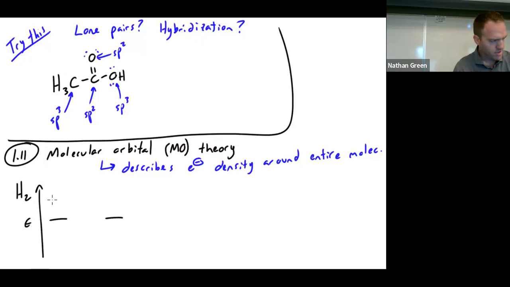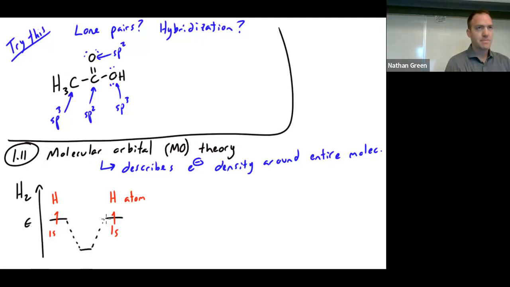One hydrogen with a 1s orbital brings one electron, and another hydrogen with its 1s orbital brings one electron. So these are atomic orbitals, right? I'm describing an H atom with one electron, an H atom with one electron. When they come together, they're going to drop down in energy.